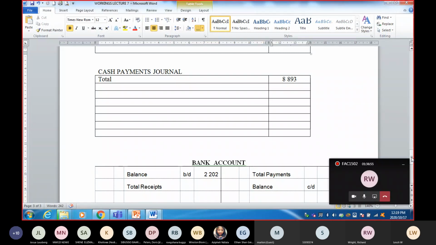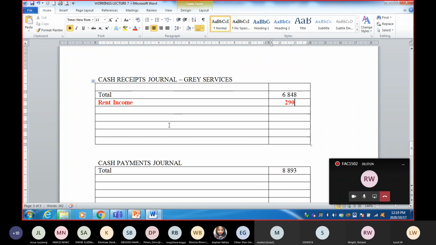Check number 558, go to your additional information. Your additional information number 2 tells you that check number 558 was drawn on the 25th of November 2011 to Kara for repairs to the building. This check is stale and must now be cancelled. So we cancel a check now with an entry in your cash receipts journal. So go to your cash receipts journal now.